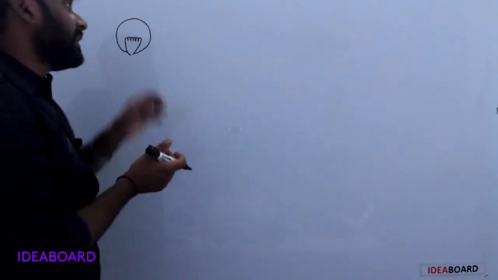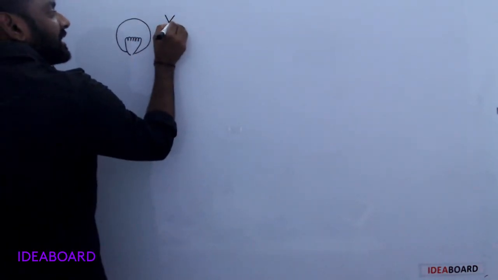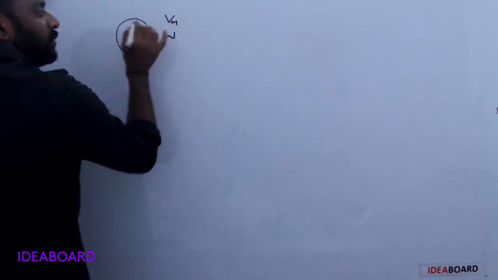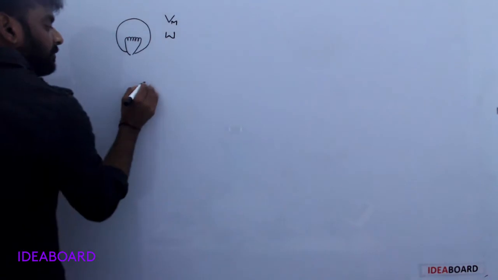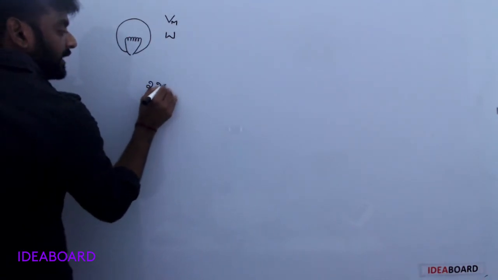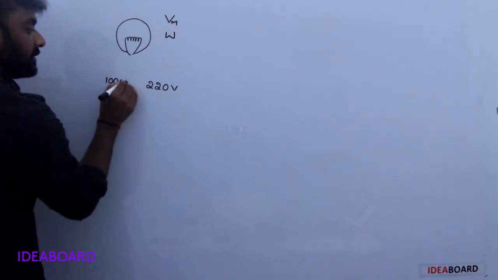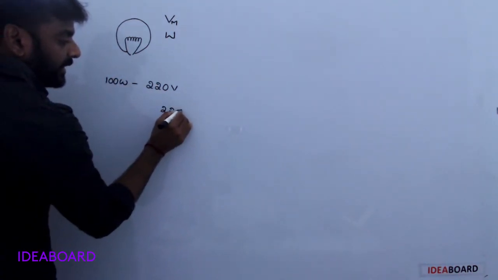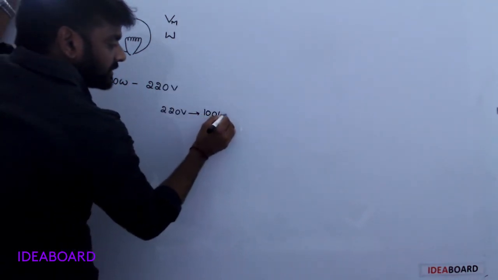The voltage is mentioned on it. Here V suffix M is the voltage and W is the wattage. For example, 220 volts, 100 watts. That means at 220 volts, in this bulb power is 100 watts.